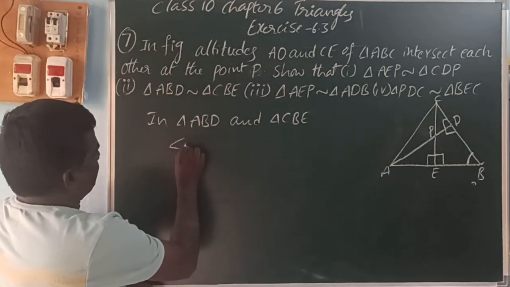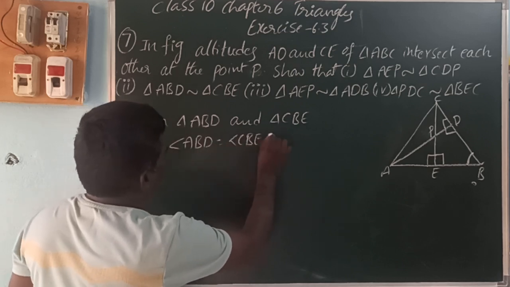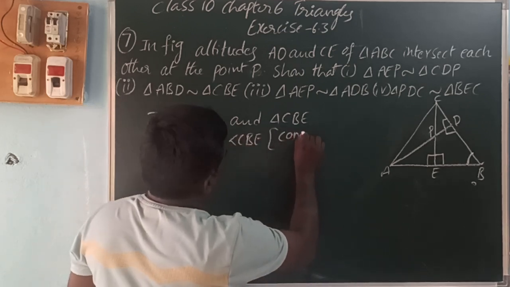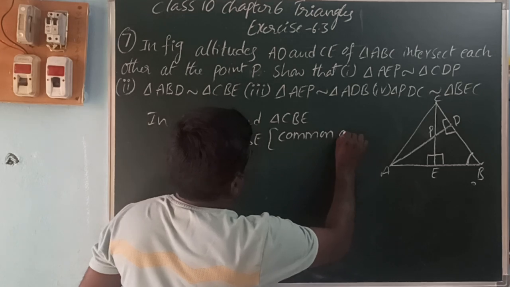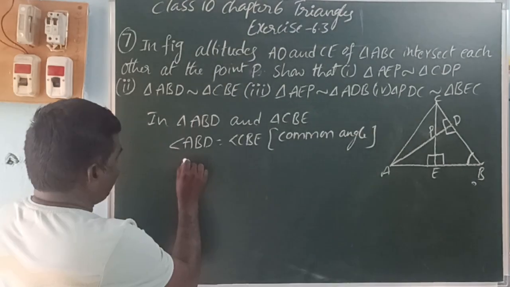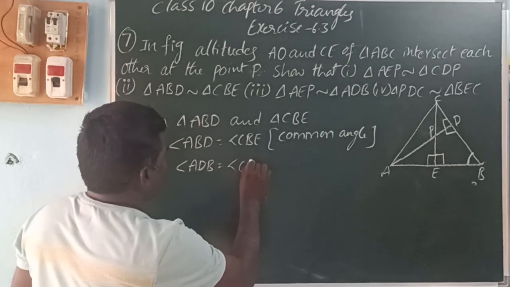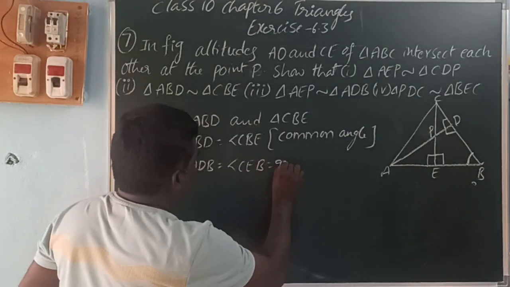So angle ABD is equal to angle CBE. It is a common angle in these two triangles. Next, angle ADB is equal to angle CEB, which is equal to 90 degrees.